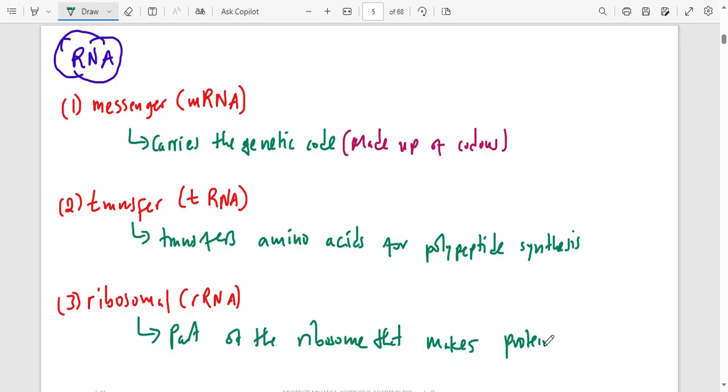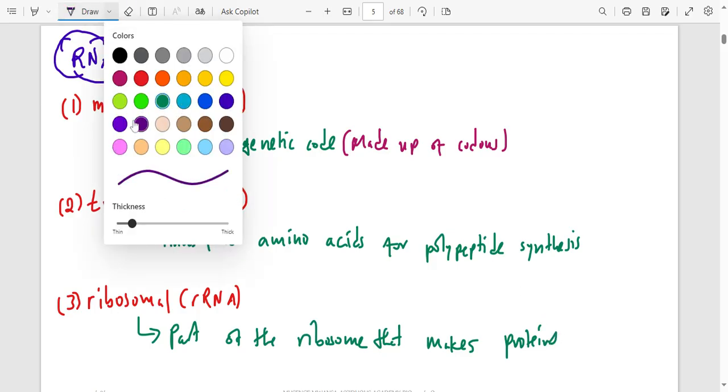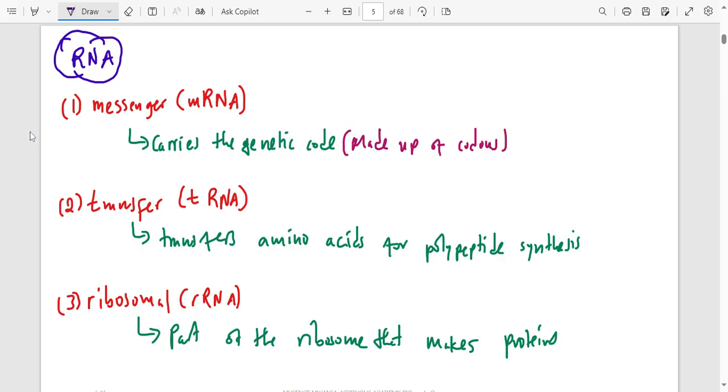So you need to know the functions of these types of RNA. Messenger RNA carries the genetic code. The genetic code is made up of codons. At this point, you might not really understand what a codon is and what we are mentioning as a genetic code. But don't worry, you will understand this very soon.